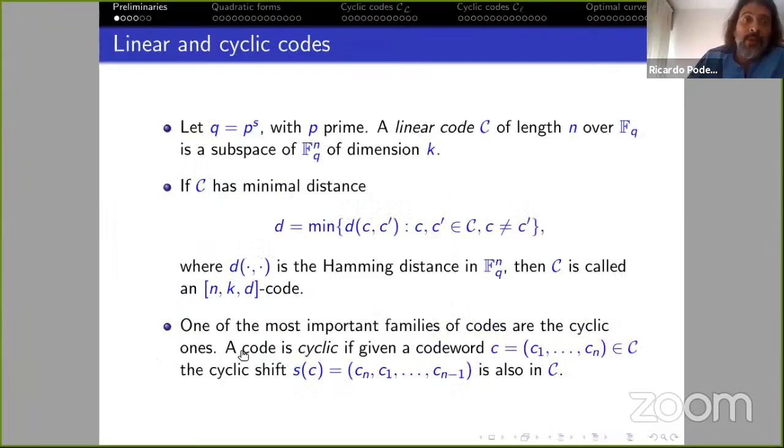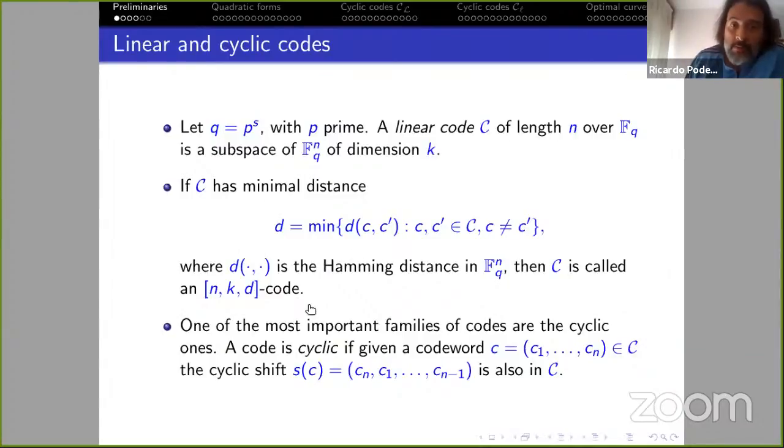Okay. So, well, everybody knows what a linear code is. We work over finite fields. p is a prime, q is a power of the prime. So we consider a linear code of dimension k and length n with minimal distance d, the Hamming distance.